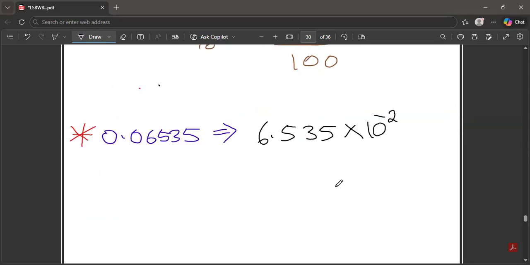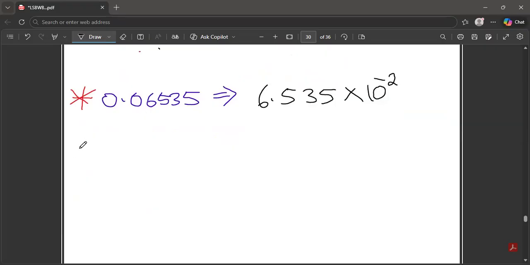You see, times 10 exponent -2. And this over here is the same as what? 6.535.